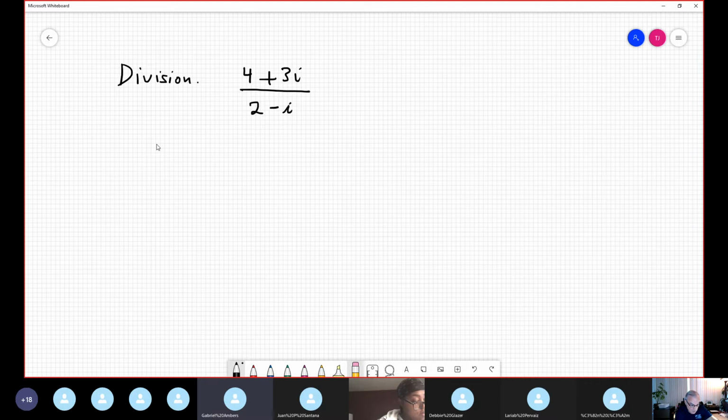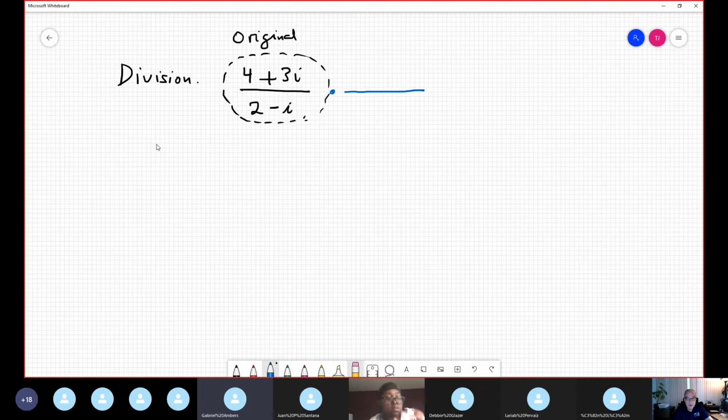Look, this is my original problem. Now here, I create the multiplication of the original problem by one thing. It's like a smart one. So what is the condition to create a smart one?